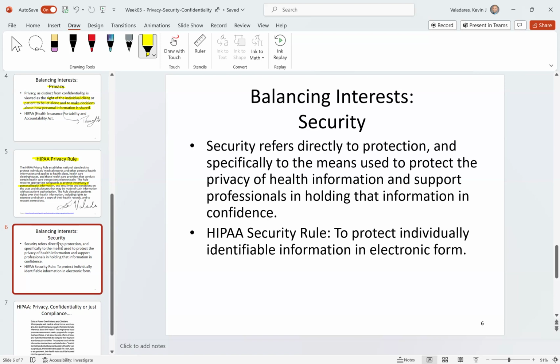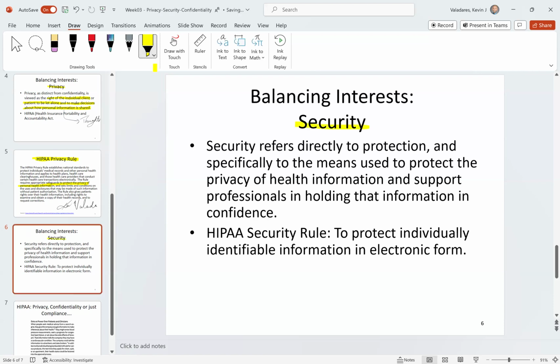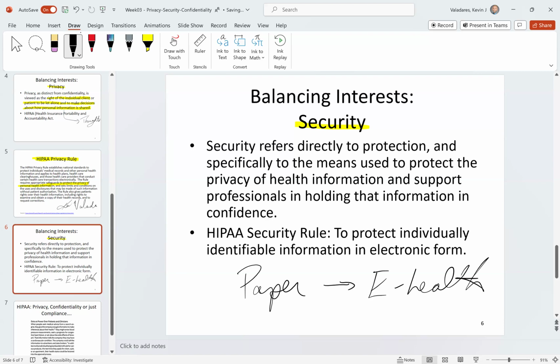The last part of HIPAA, which is key, relates to security. Now, this was always meant to tackle the issue of moving medical records, health information from a paper perspective to an electronic perspective. This has mainly been done for the vast majority of healthcare settings, and we don't have too many holdouts.